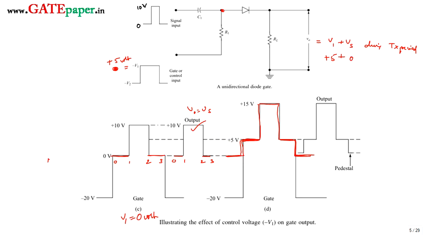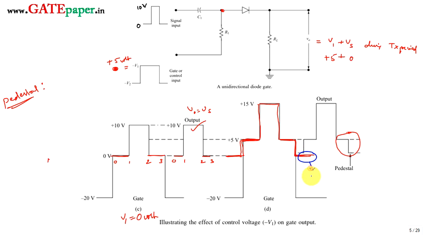So this is a signal where the difference is treated as the pedestal. This is called the pedestal. Now we will define what is meant by pedestal. Look at this one.